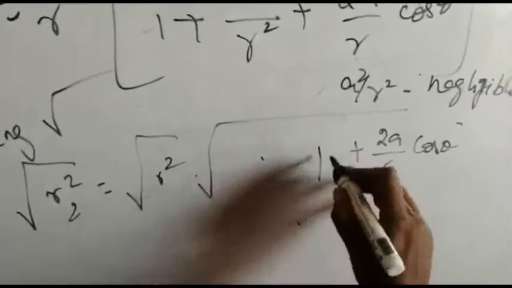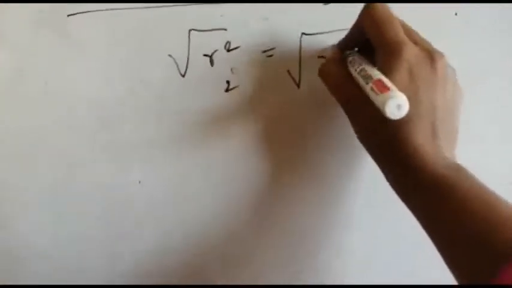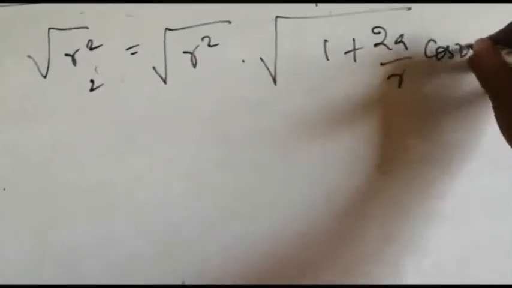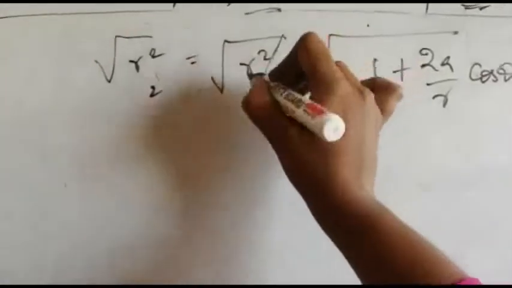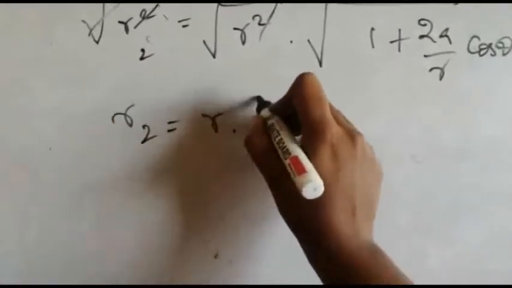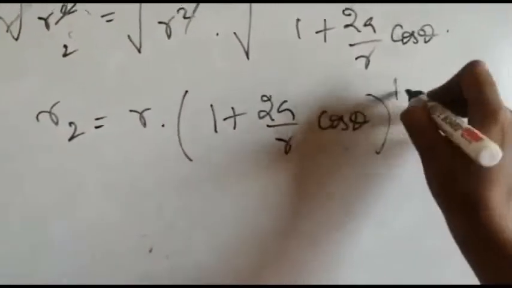So it is 1 plus 2a by r cos theta inside the root. So root of r2 square is equal to root of r square into root of 1 plus 2a by r cos theta. So here square and square root cancel. So r2 is equal to r into 1 plus 2a by r cos theta whole power 1 by 2.